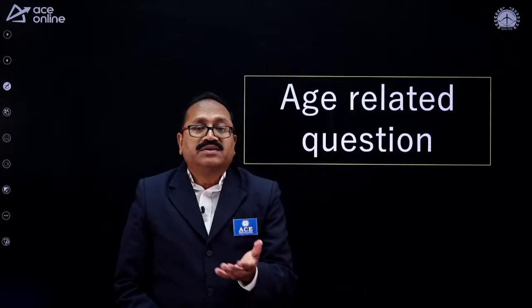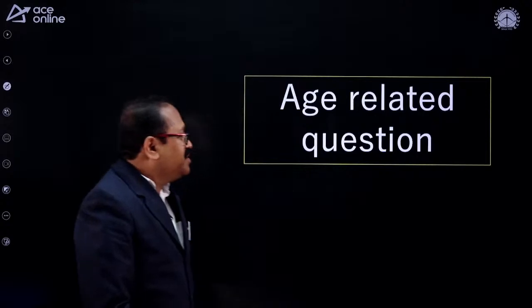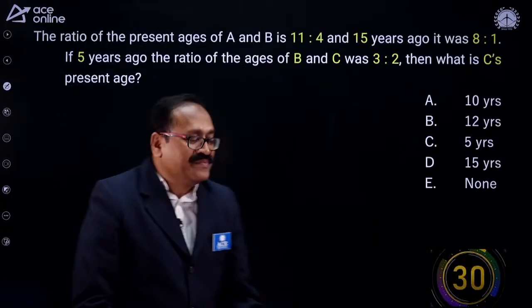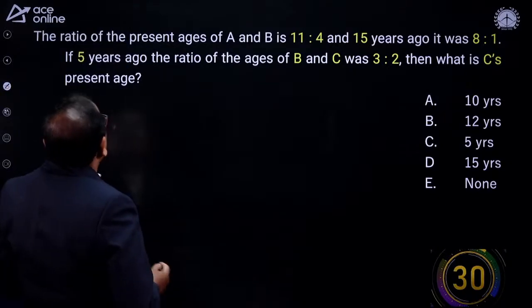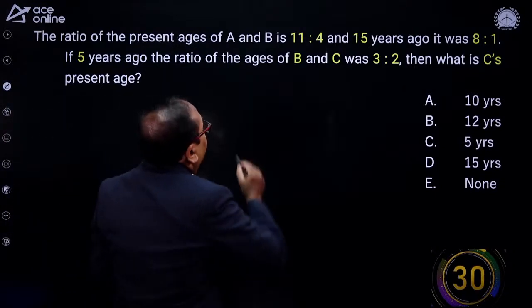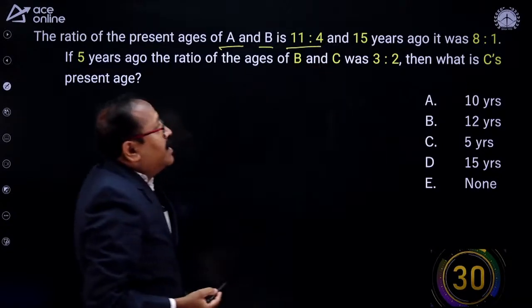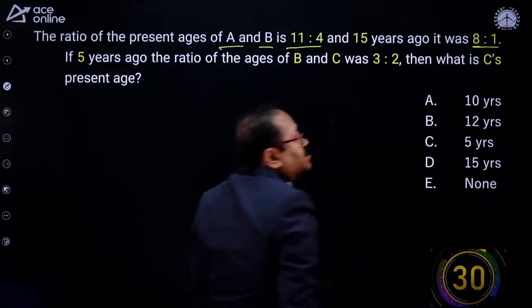The problem on ages is an integral part of ratio and proportion. So in ratio and proportion, how does the problem on ages come? The question is on the board here. Yes, my friend, let's work it out. The ratio of the present age of A and B is 11:4, and 15 years ago it was 8:1.